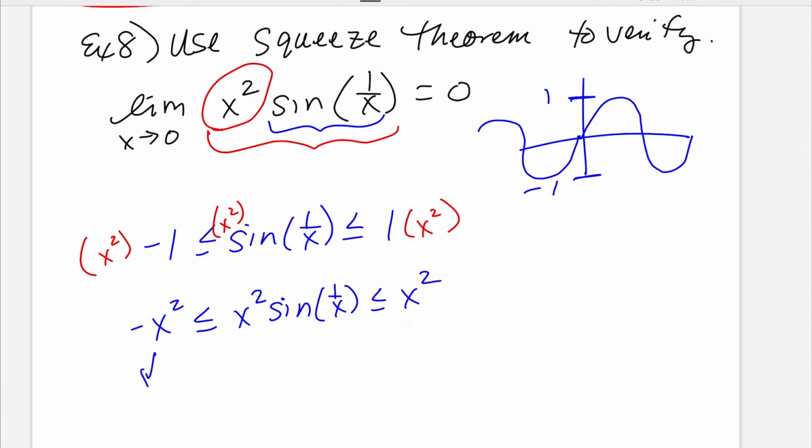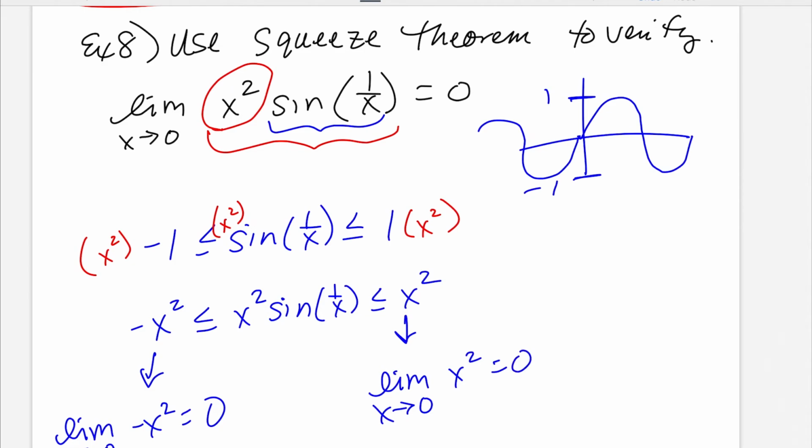Now, the squeeze theorem tells me I'm going to take this lower limit. It's just a polynomial, so you plug it directly in. And I'm going to take this upper limit. And if those two limits are the same, then I know my inside limit also has to be that same thing.